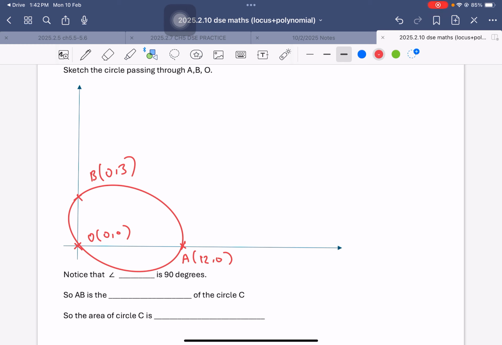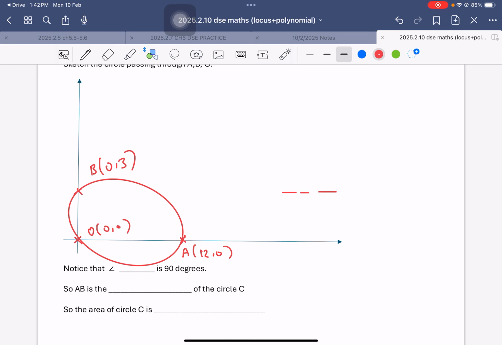So can you see an angle is equal to 90 degrees? Yeah. Mark, which angle is 90 degrees? Angle is 3 letters. Dot, dot, dot. BOA.